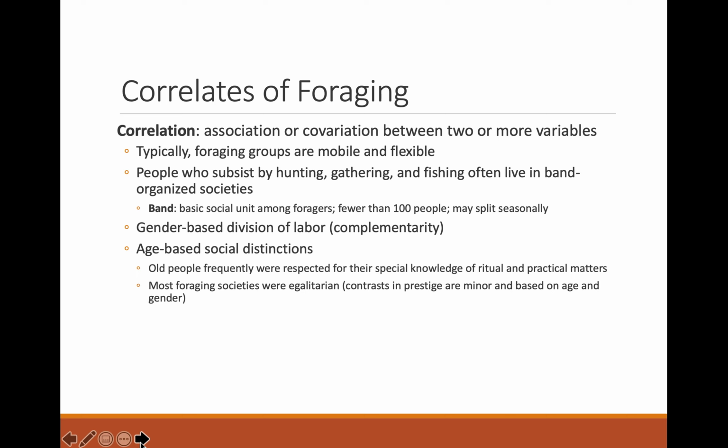People who subsist by hunting, gathering, and fishing often live in a type of political typology called band-level or band-organized societies. The band is the basic social unit among foraging populations. It generally has fewer than 100 people. It may split seasonally.